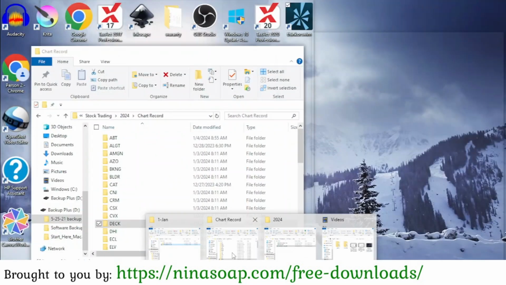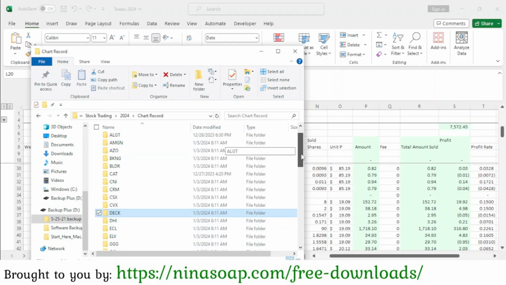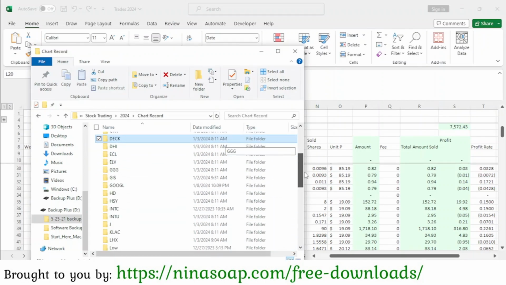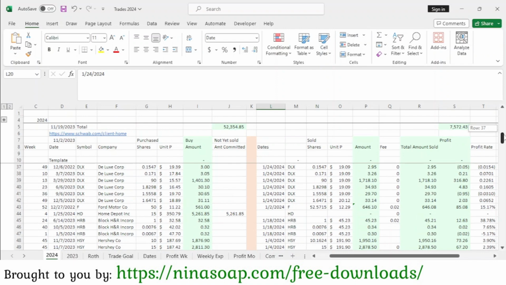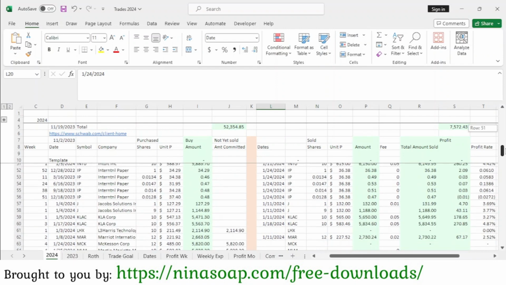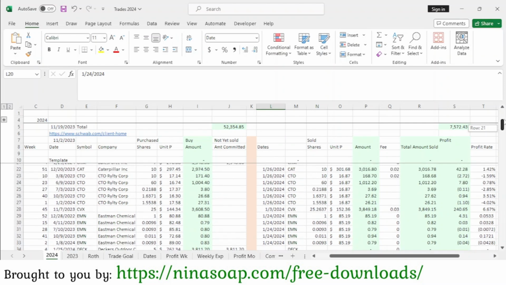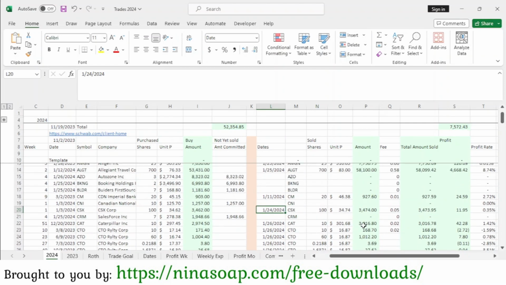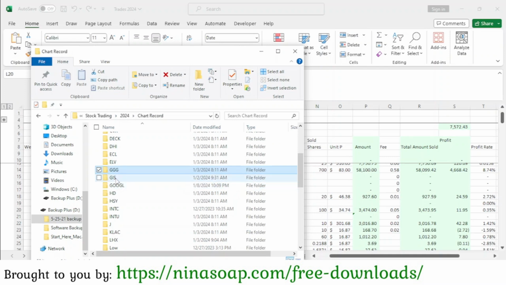Okay. ECL, we didn't buy it. Let's see this one, GGG. I don't think we bought it either. No, we didn't buy it. Okay. GIS, no. Google, no. Home Depot.